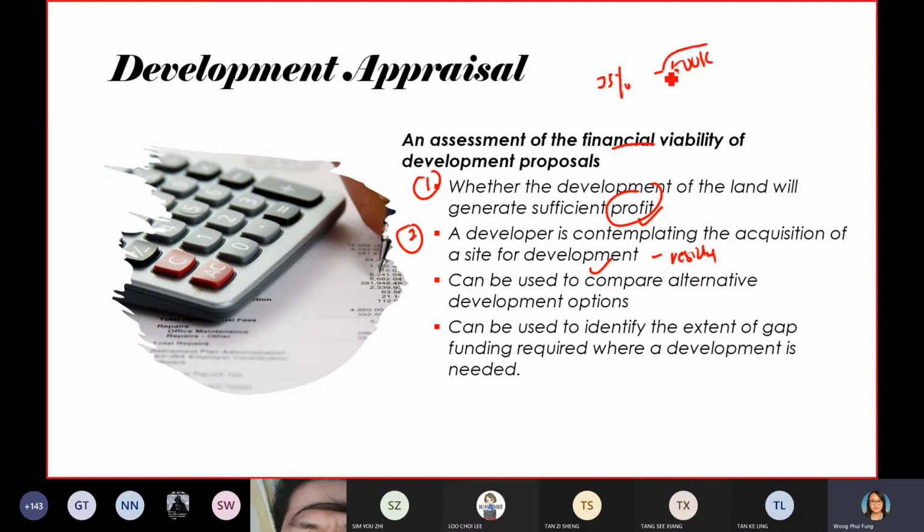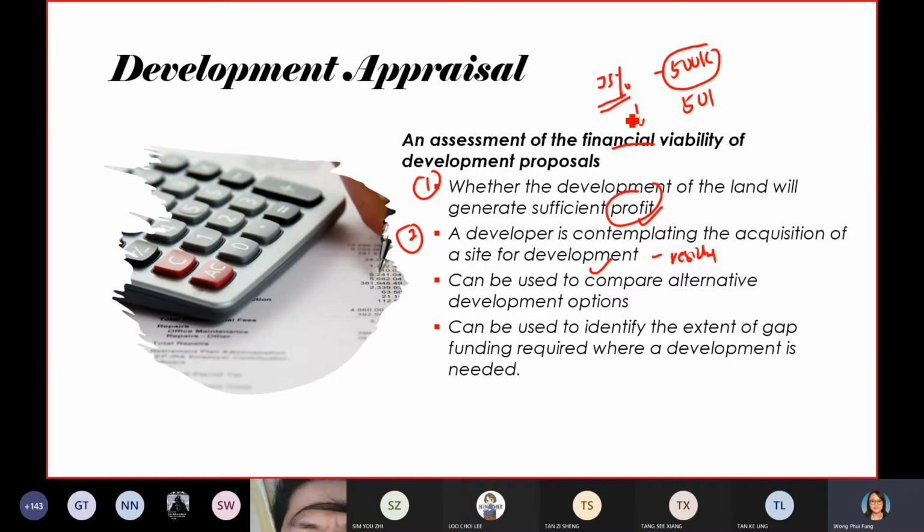This is the maximum. If 501, your 25% profit is going to come down. So this method allows the developer to know the maximum land cost the developer can offer to the landowner in order to secure a 25% predetermined level of return.